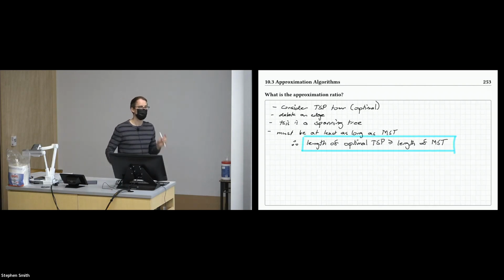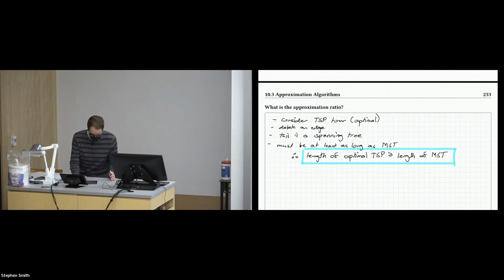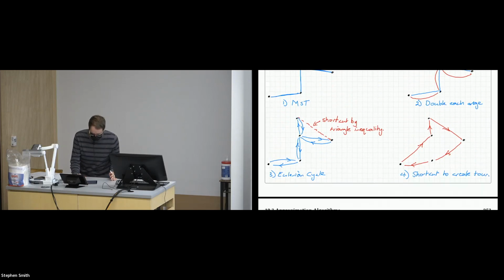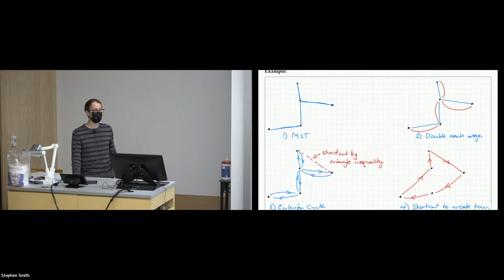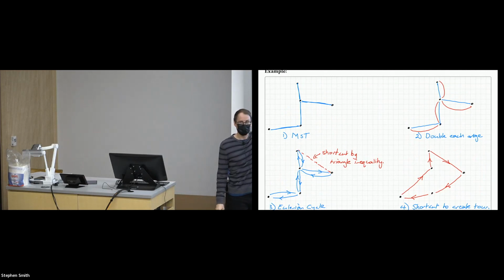Now, with that, we're almost there, because let's look at the next steps. We double each edge in the minimum spanning tree. We duplicate each edge. So now all the edges in figure 2 have to be no more than 2 times the optimal TSP, because we copied each one.